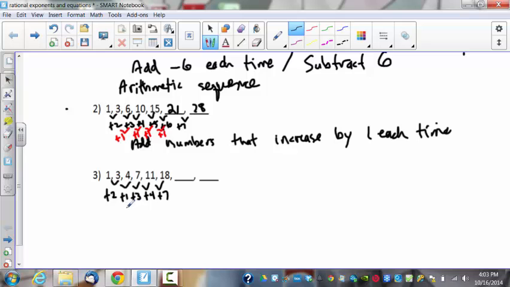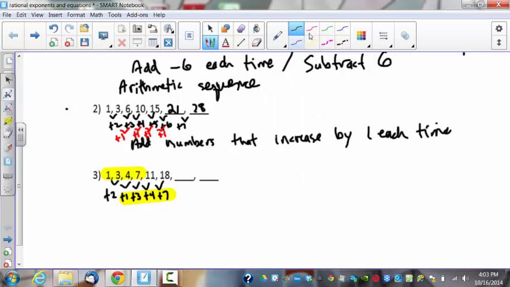These numbers don't seem to follow any particular pattern. However, if you take a look at these numbers, they mimic the numbers above here. Okay, so you see 1, 3, 4, 7, 1, 3, 4, 7.